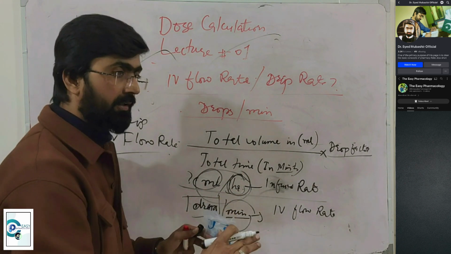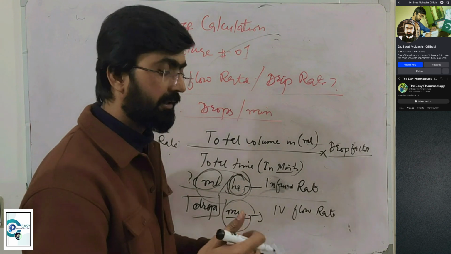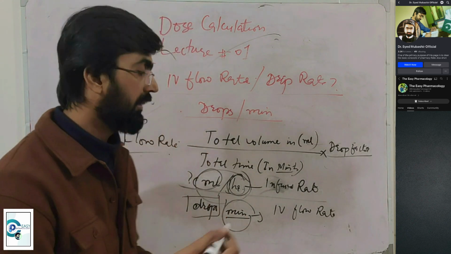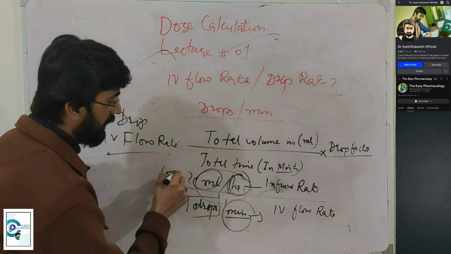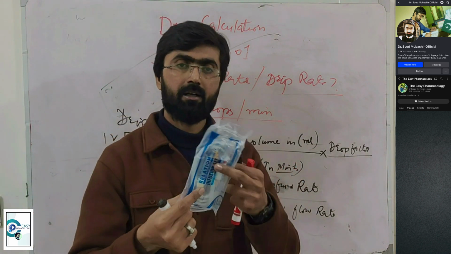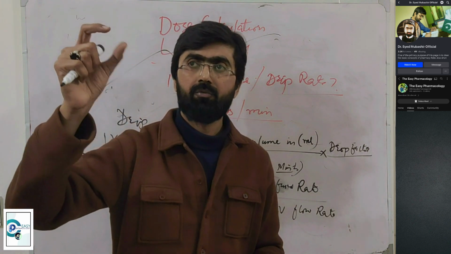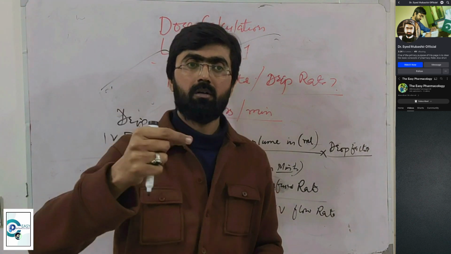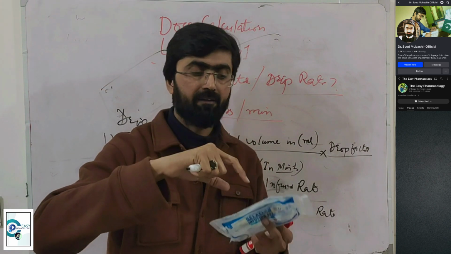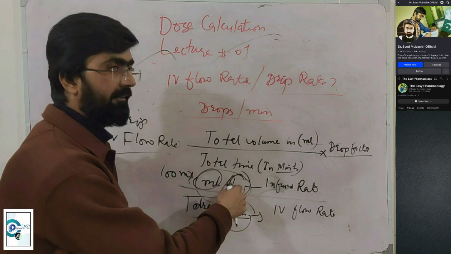If we cannot calculate this, how can we know that such ml, like 100 ml, is delivered in 1 hour? You have set a drip set. Now, how many drops should fall from the bottle through that line into the IV chamber so that such quantity of ml is delivered in 1 hour?